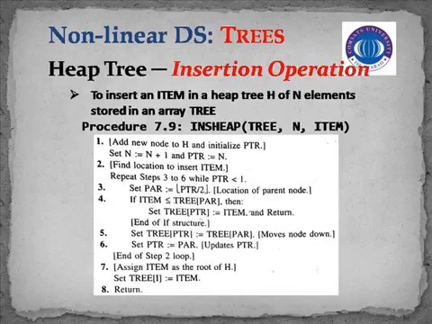Dear viewers, depicted in this slide is the procedure to insert an item in a heap tree H of n elements stored in an array with the name tree. This procedure is explained previously.